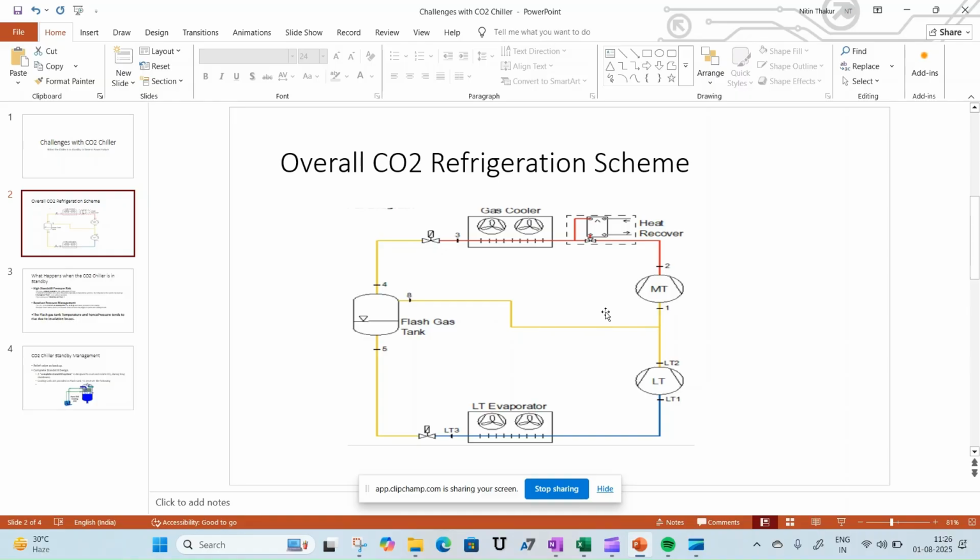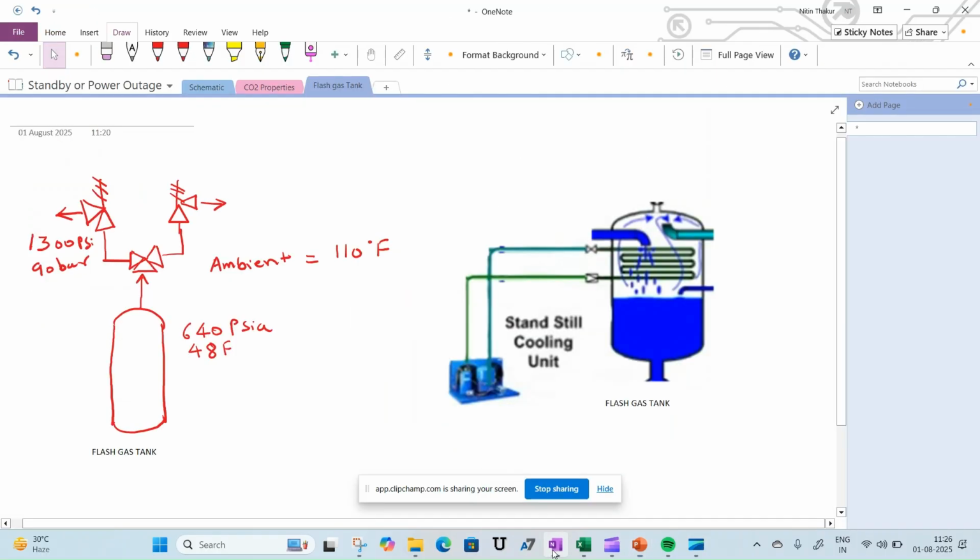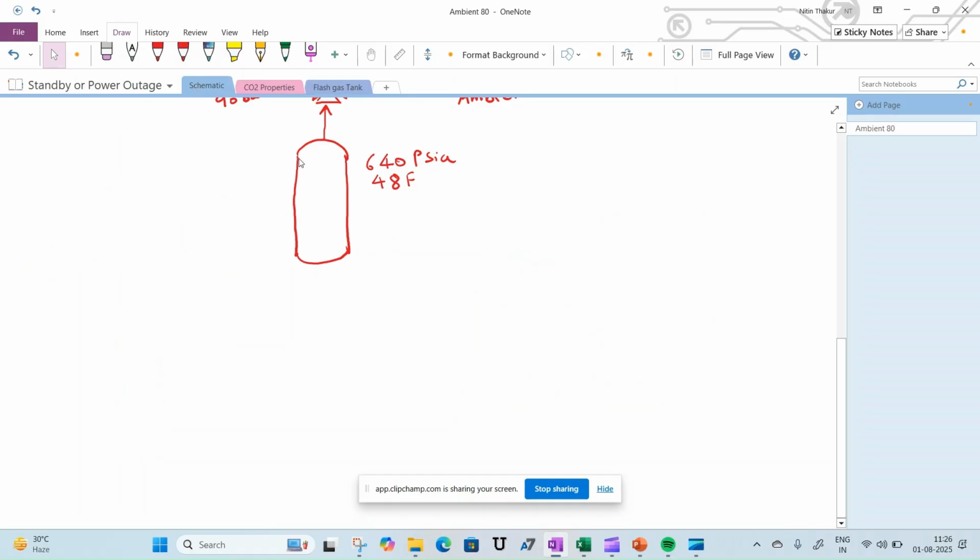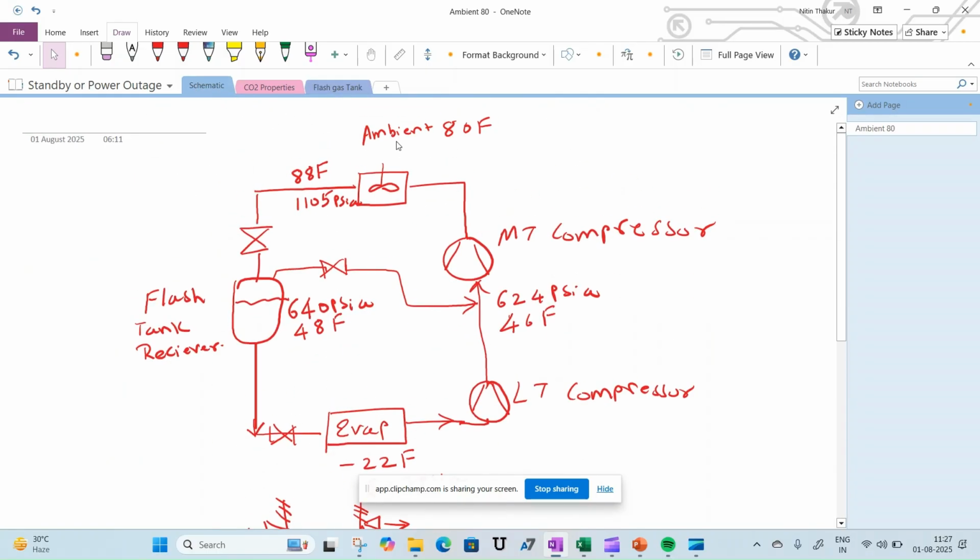I'll just put some numbers to this circuit so as to make it a little more realistic scenario. So this is my current project that I'm working on, and for the evaporator, I need the process temperature, or let's just say the refrigerant temperature, to be at negative 22 degrees Fahrenheit.